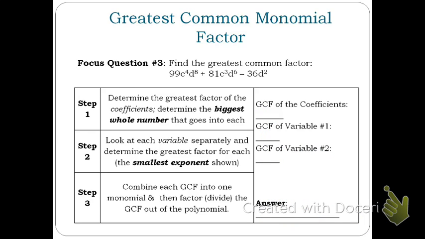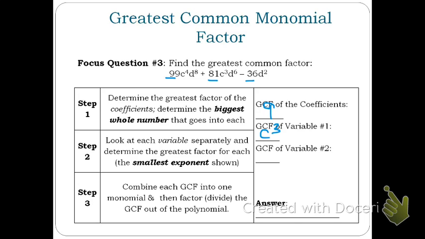Just another example. Again, get good at these. 99, 81, and 36. The biggest number that goes into all three of those numbers is 9. The c is in all three terms, and the smallest exponent of c is 3.